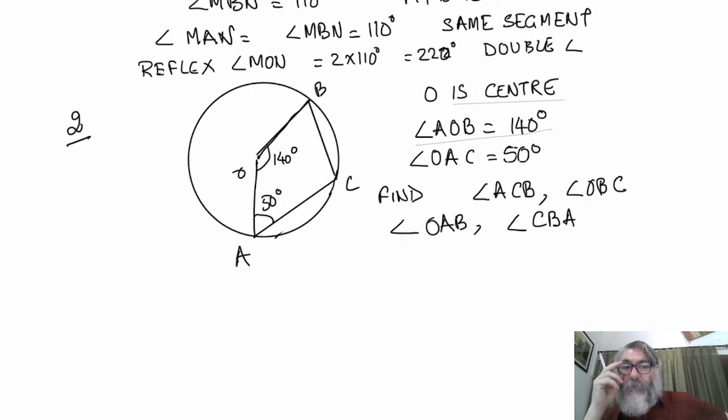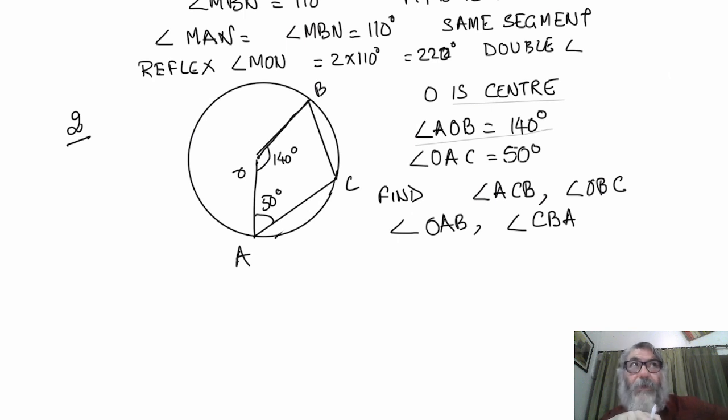In the next question, O is the center of the circle. OACB is a quadrilateral, but it is not a cyclic quadrilateral. That you must understand clearly. OACB is not a cyclic quadrilateral because O is not on the circumference of the circle. O is the center of the circle.